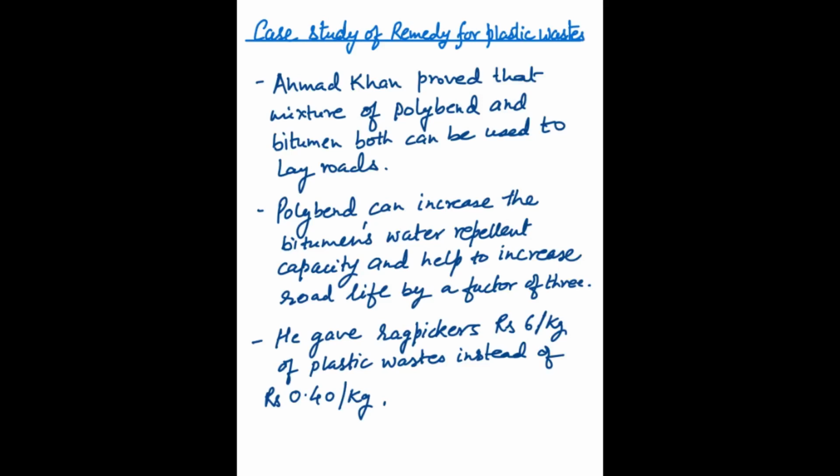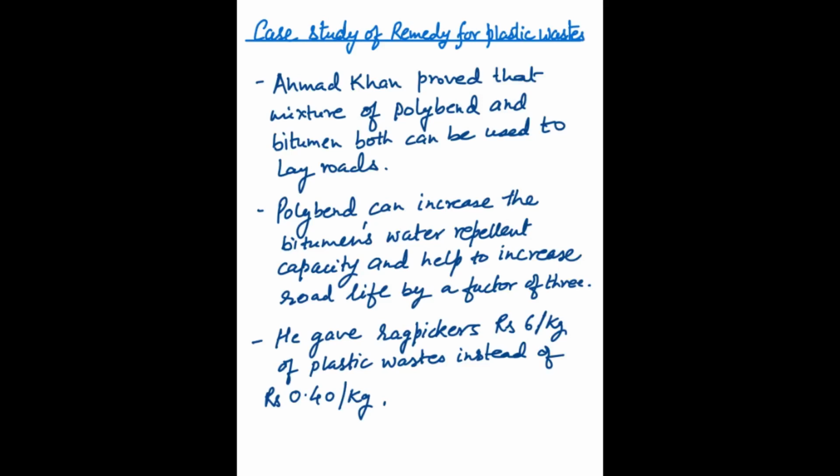He gave rag pickers 6 rupees per kg for plastic waste, when the actual rate was 0.4 rupees per kg, but he paid this much. So this was a very good initiative by him.